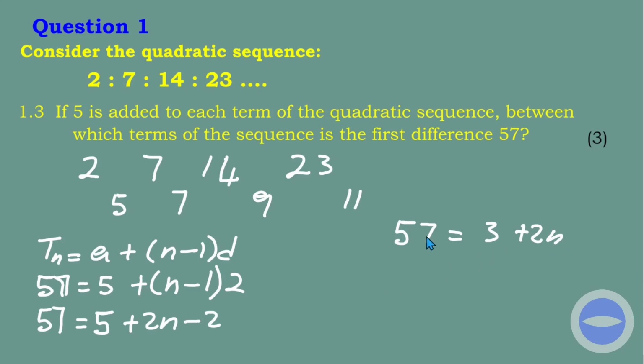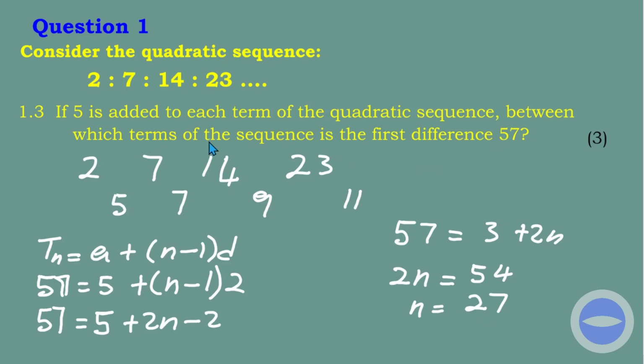We move 3 to the other side, therefore 2n equals 57 minus 3, which is 54. So n equals 27. So the first difference of the sequence that will make 57 is at term number 27.